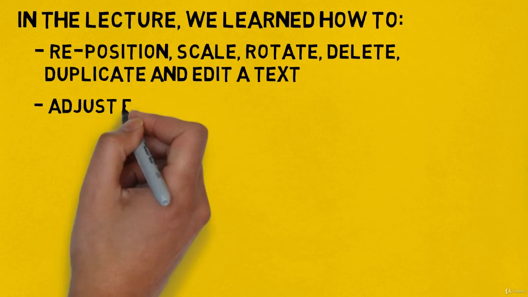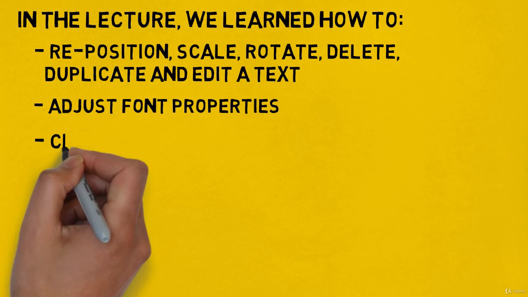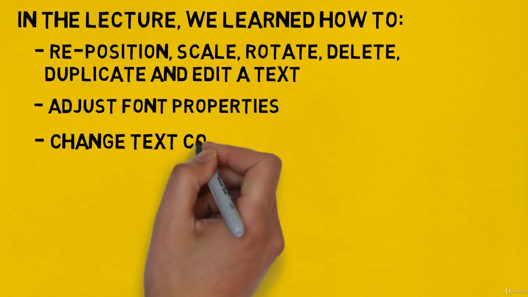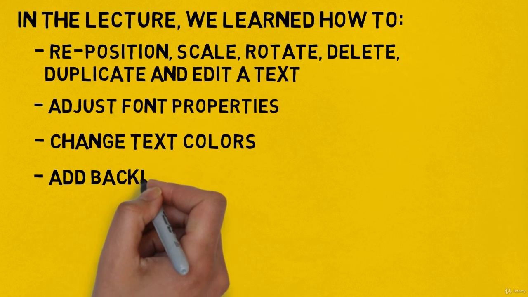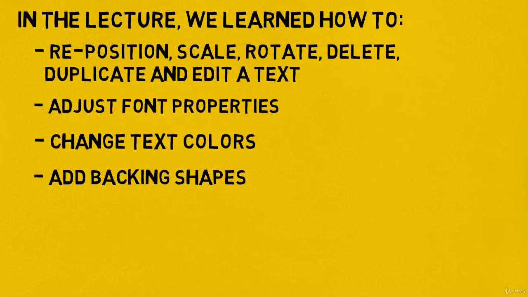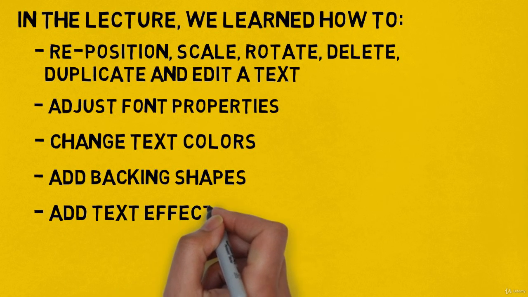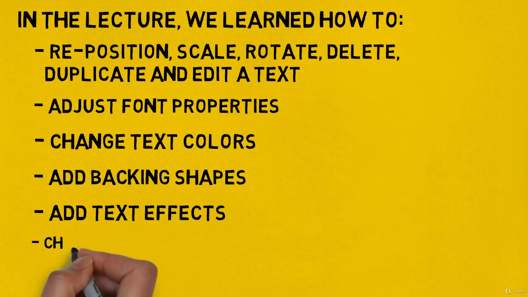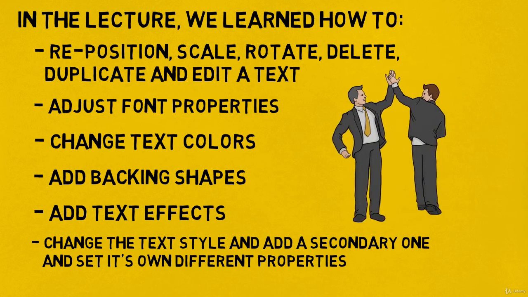We also learned how to adjust font properties, how to change text colors, how to add backing shapes, and how to add text effects. And finally, how to change the text style and add a secondary one and set its own different text properties.